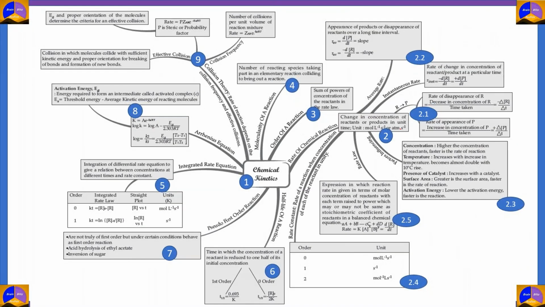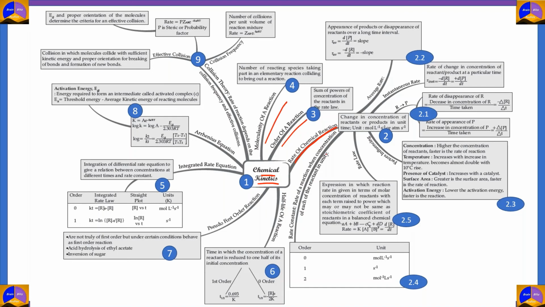So that concludes the chapter chemical kinetics. So over here, we focused on the rate of a chemical reaction, the ways in which we can represent the rate of a chemical reaction. On the way, we studied quantities such as order and molecularity of a reaction.